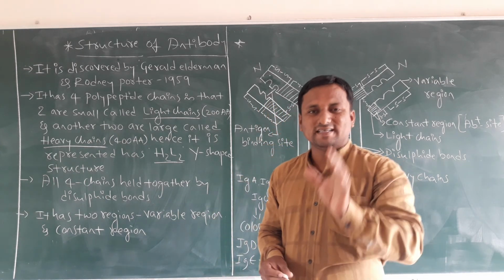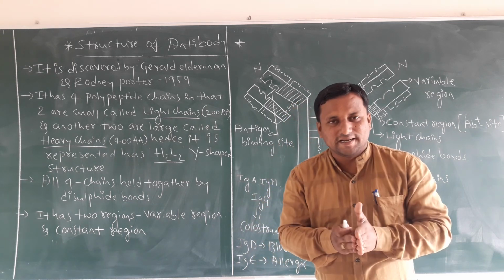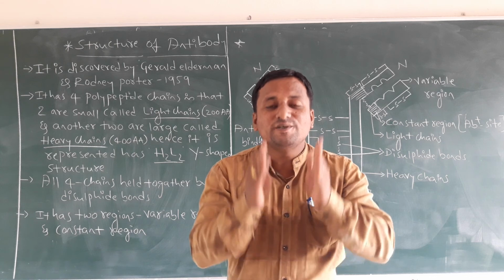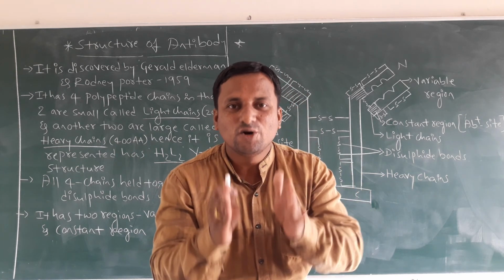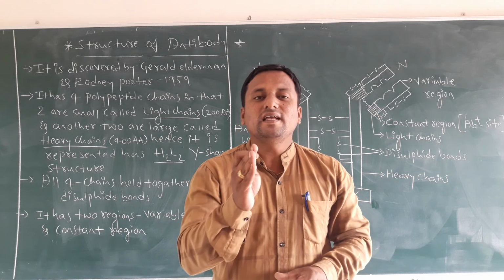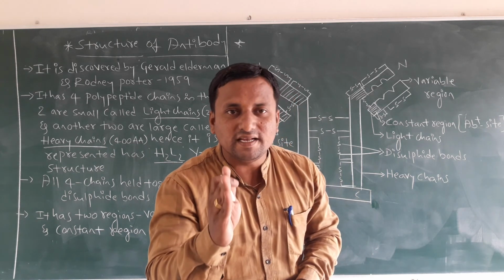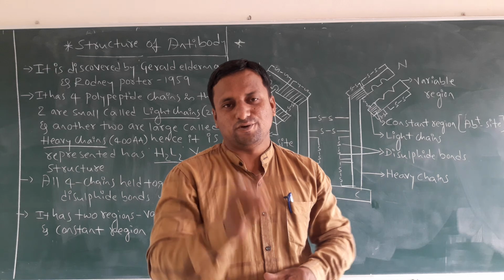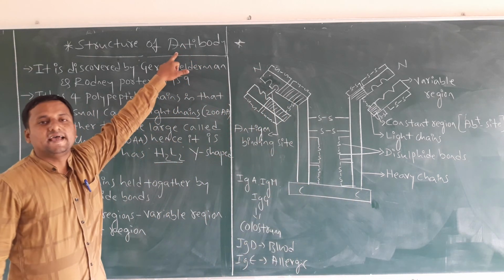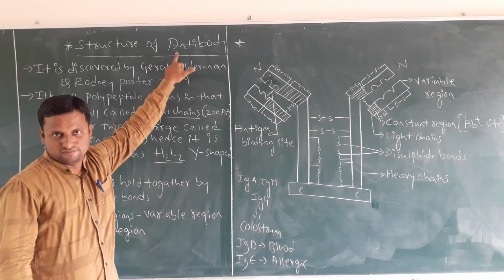So in today's concept we discuss that molecule which acts as a protein and which is produced from the B lymphocytes, B meaning bone marrow lymphocytes. That protein molecule is called the antibody molecule.